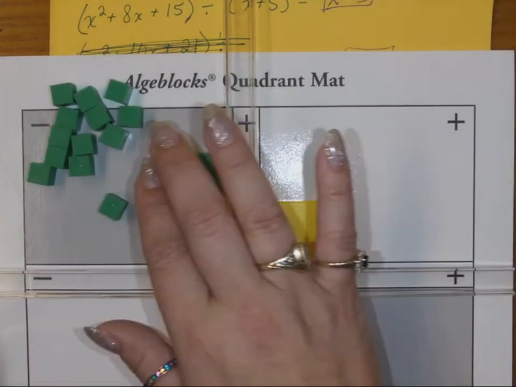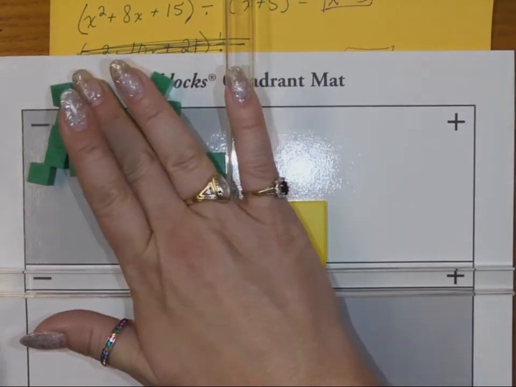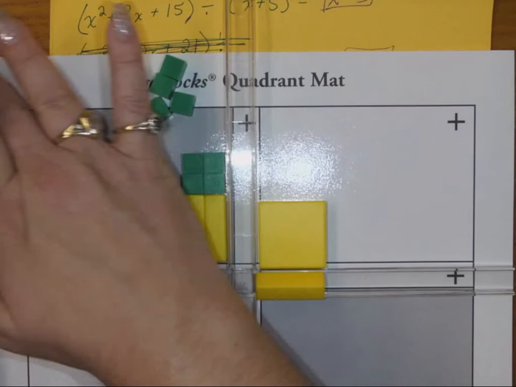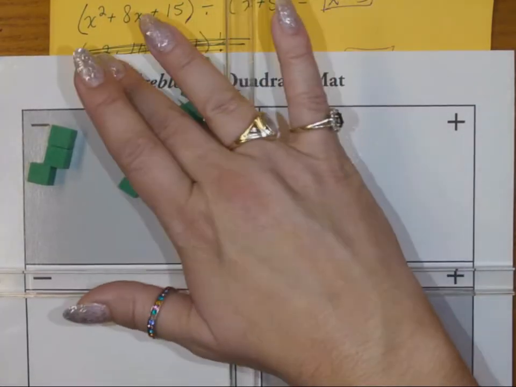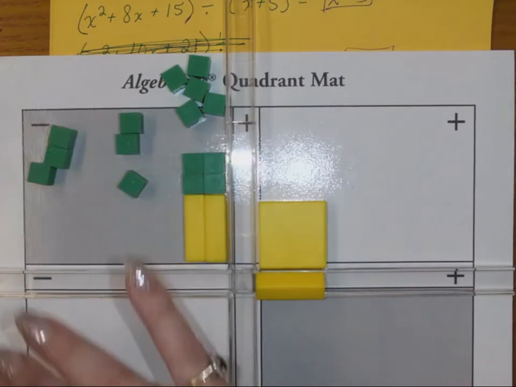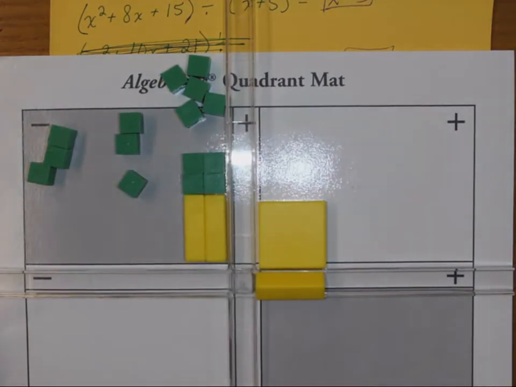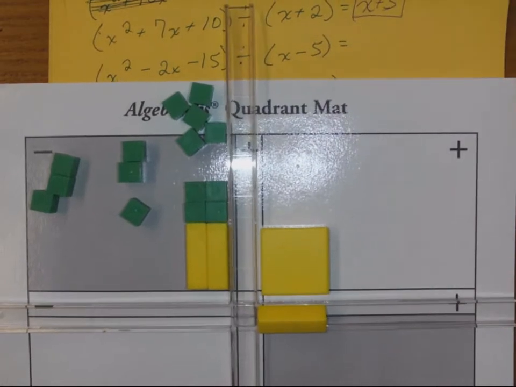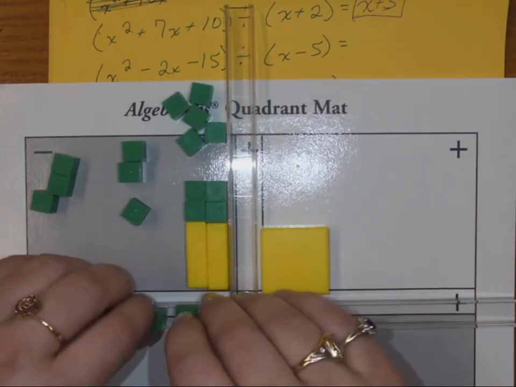So hang on, let me double count my stuff here. I've got a little too much, don't I? Sorry, I told you to always count. 1, 2, 3, 4, 5. Okay, so I need to make it x minus 5, right? Yep, x minus 5. So I need a negative 5 over here. All right, here's my negative 5.